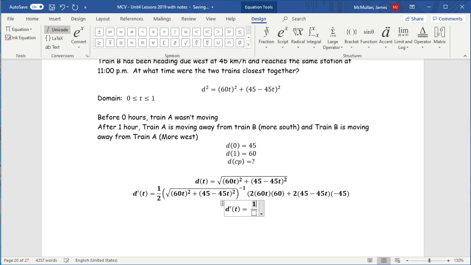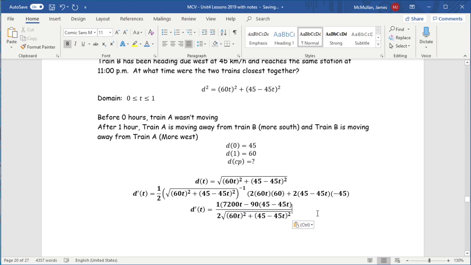The numerator has a 1, then it has this big bracket. So 60 times 60 is 3600 times 2 is 7200t. Then we have minus 90, 45 minus 45t. And on the bottom, we have a 2, and then we have this root. Okay, and that's our derivative.